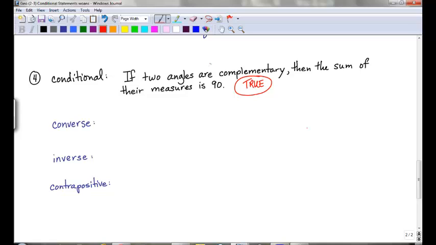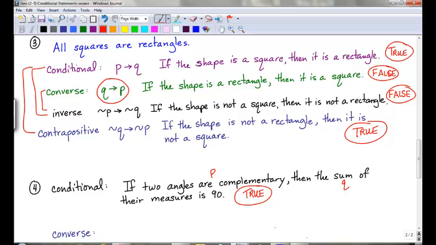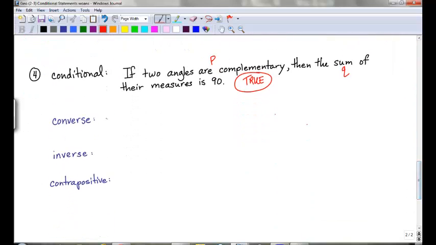This is the P part, and this is the Q. The converse: look at your statements up above. It's a lot easier if you just turn it around. Q implies P. So we want Q implies P.